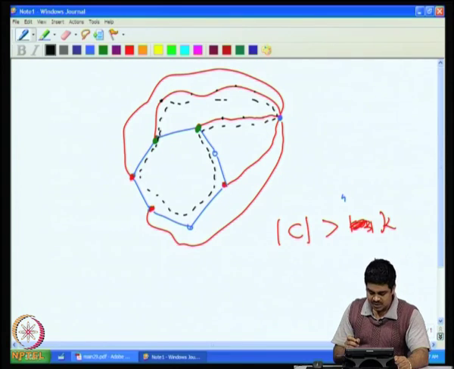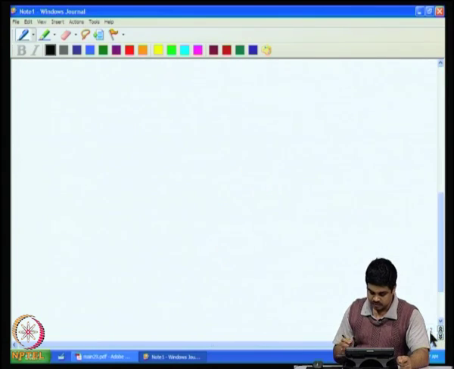So we can assume that it is not possible for the fan paths to end in consecutive, that is adjacent, vertices on the cycle. So C has to be at least 2 times kappa, because we can identify all those kappa paths, and at least one vertex has to be left in between.